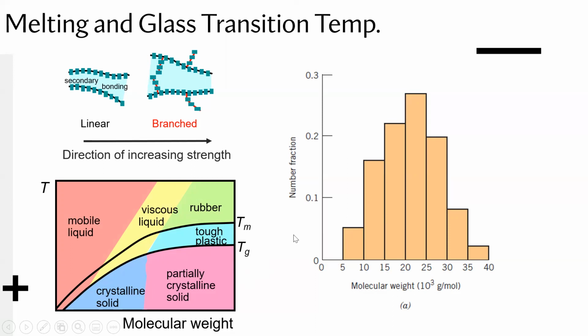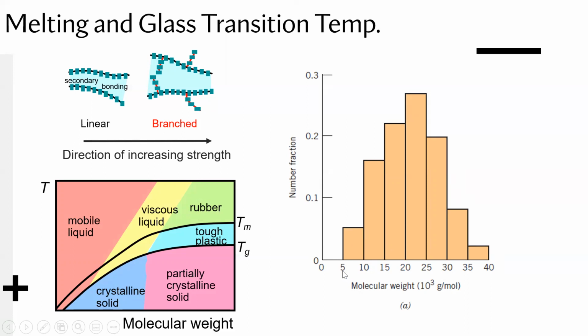So what's going to happen here is that your melting and your glass transition aren't going to happen at a specific temperature. It's going to be a mixture of these, and it's going to happen over a range of temperatures, because in some regions of your polymer you've got lower molecular weight, some regions you've got higher molecular weight, some regions you've got more branching, maybe a little more crystallinity, and some regions less crystallinity.